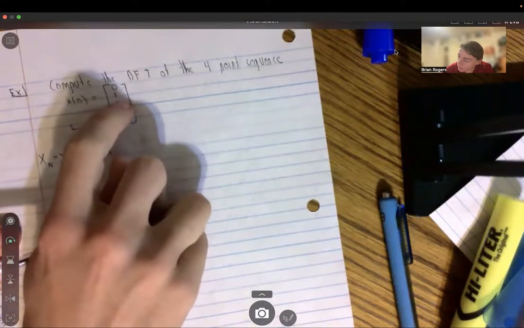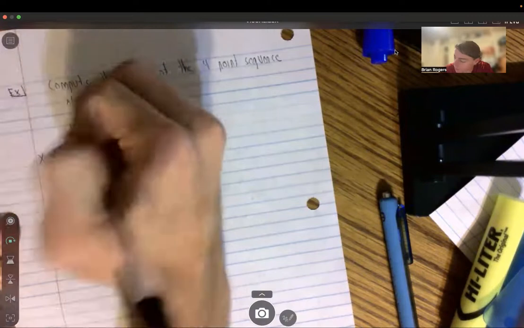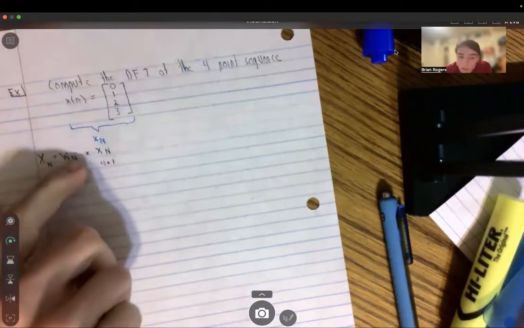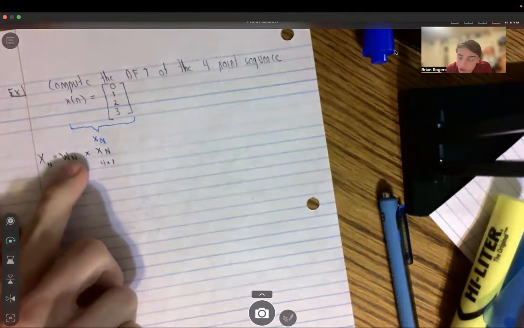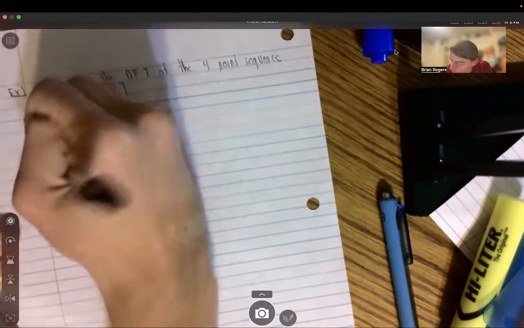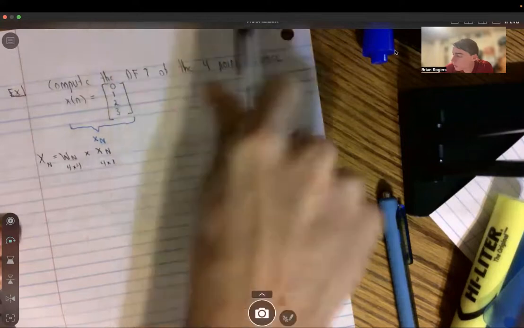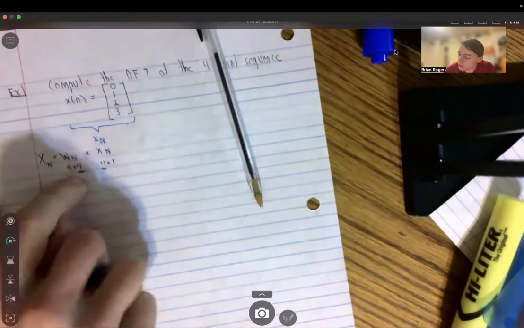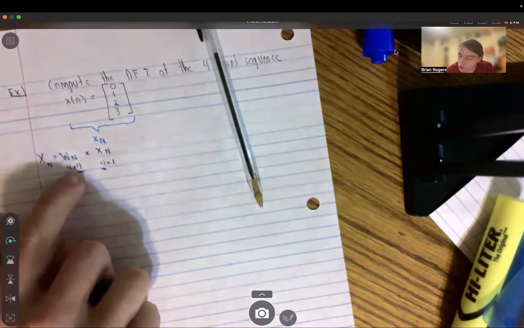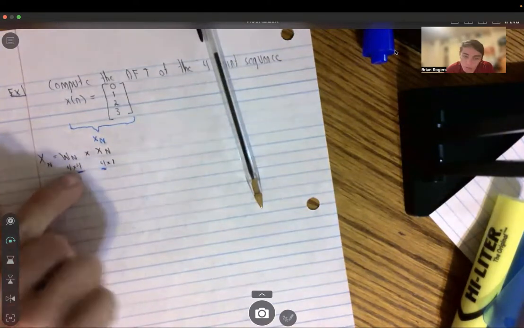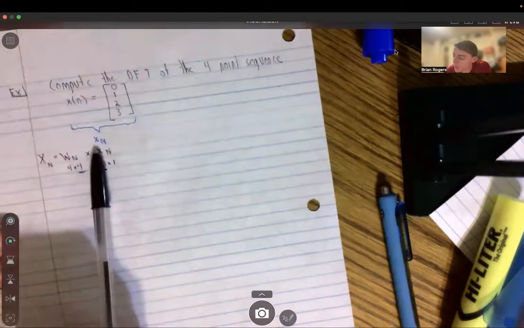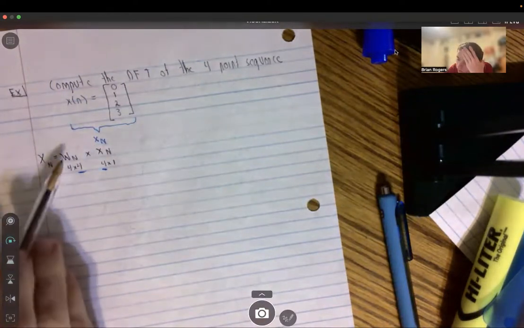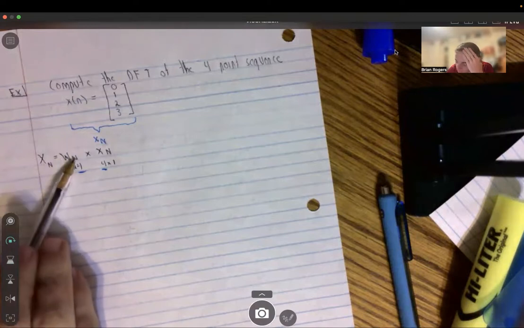It's 1, 2, 3, 4 rows, and it's 1 column. So it's a 4 by 1 matrix. And so our capital WN, that matrix needs to be a 4 by 4 because the inners must match within your matrix technique. This must match with this one. And so this must be a symmetrical matrix. So number of rows must equal number of columns. So it must be a 4 by 4. And so now that we have that, we know that our n here will be 4.